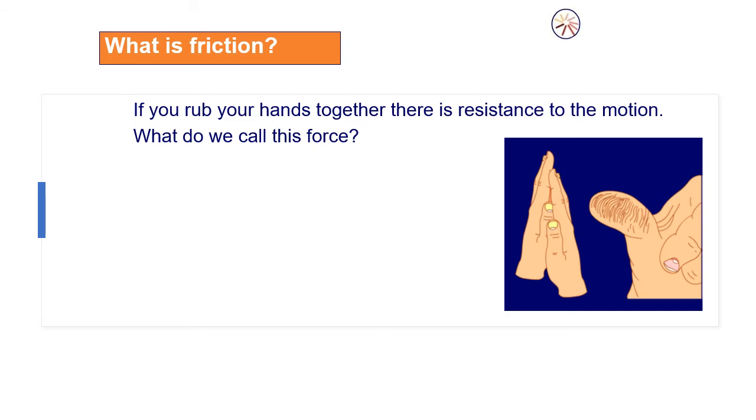A very classic, simplest example for friction is rubbing your hands together. When you're rubbing your hands together, after some time you can see that your hand is getting heated up. So what is happening there? What type of force are you producing when you're rubbing your hands together? The answer is yes, friction.